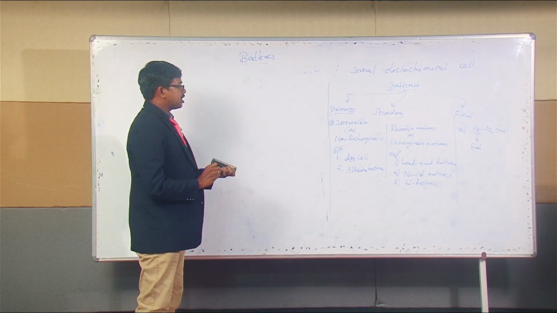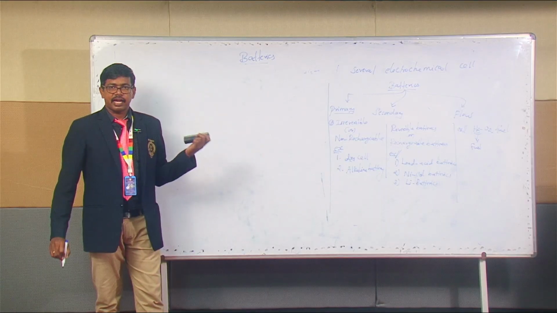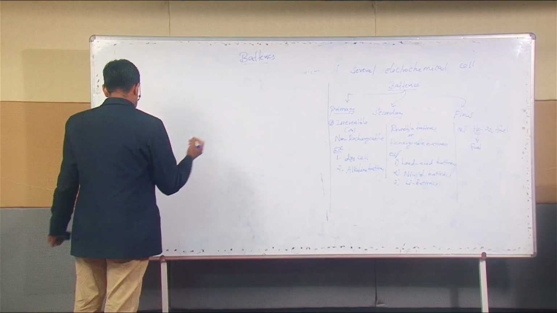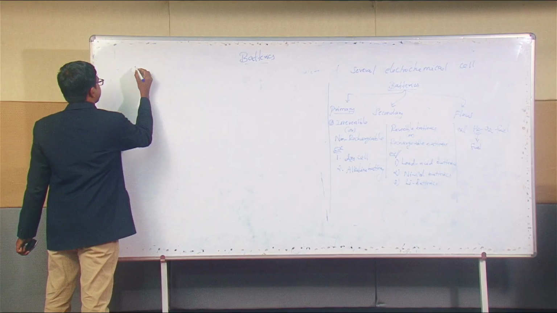We discussed some examples of primary, secondary and flow batteries. At first we discuss the primary batteries.